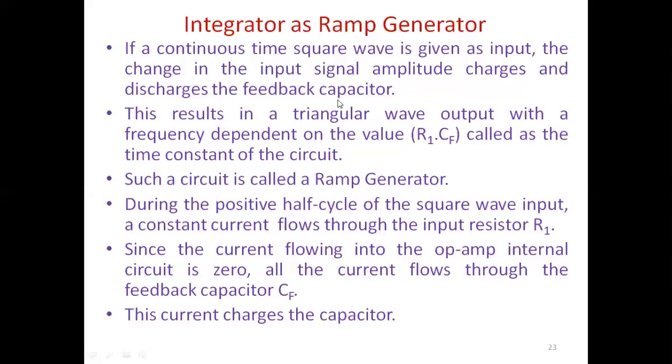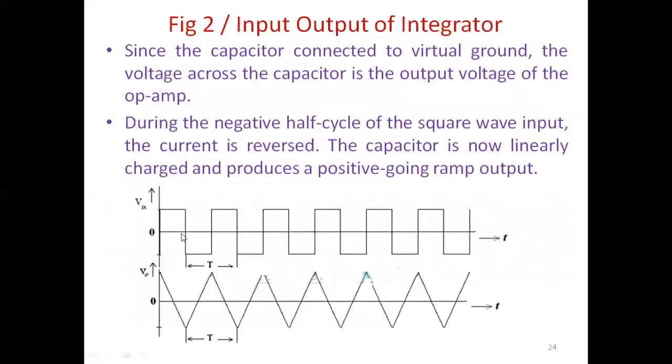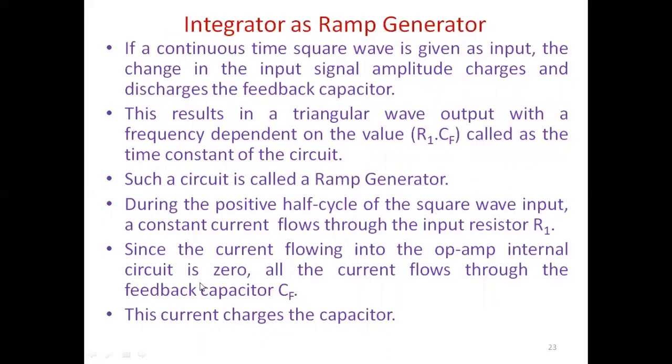During the positive half of a cycle, the capacitor keeps on charging, so the output voltage keeps changing. That is why during the positive half of a cycle, we are getting a decreasing ramp, and during the negative half of a cycle, we are getting an increasing ramp.